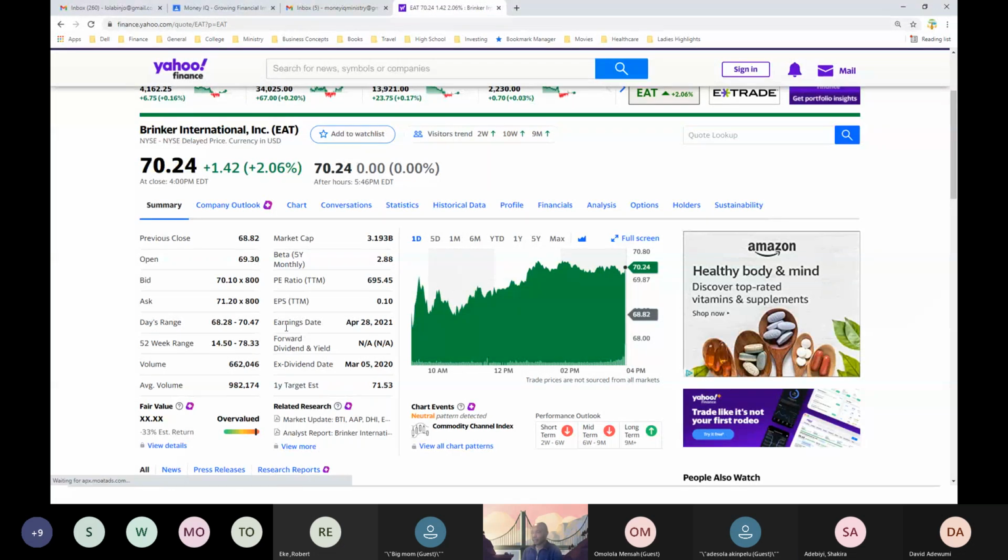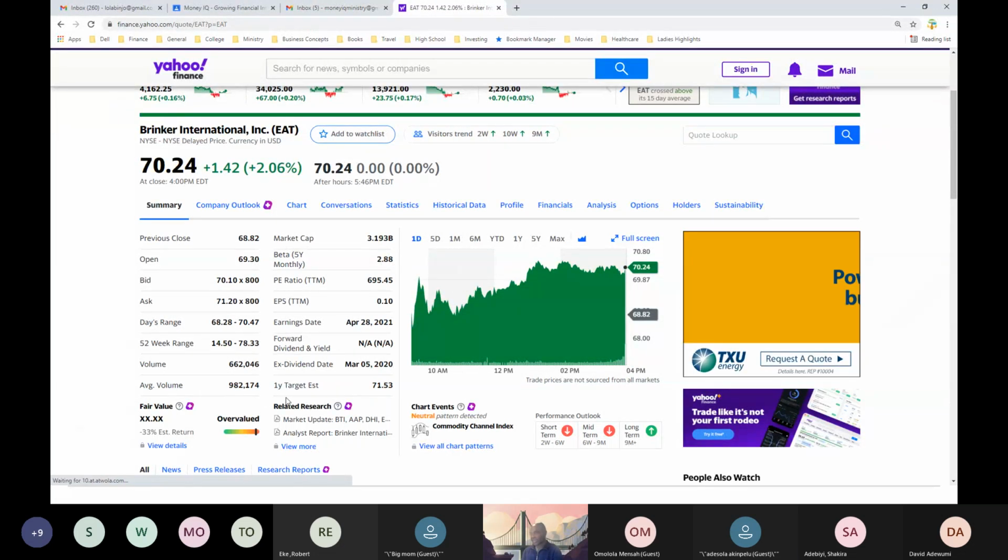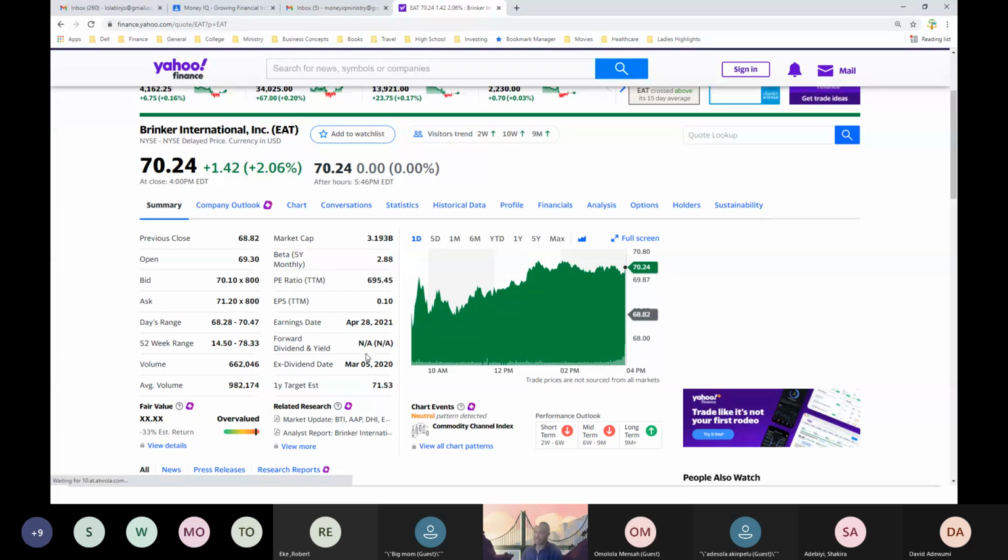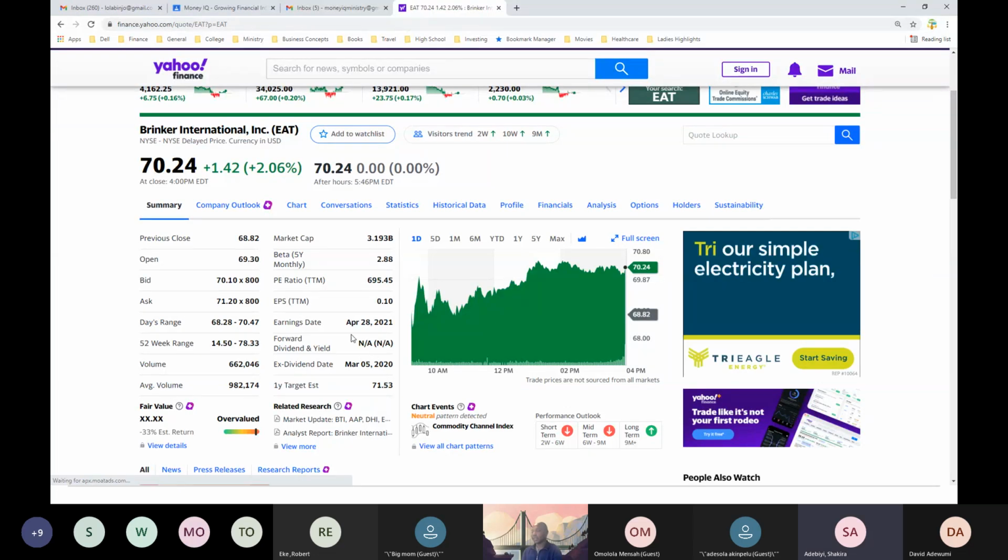Okay. So if you look at the summary section here, they will generally state if they have a dividend. See where it says forward dividend and yield? These companies wrote NA. That means they don't have a dividend that they are paying out, at least in the short term. If it's a company that has a dividend, they will write there what their dividend yield is.